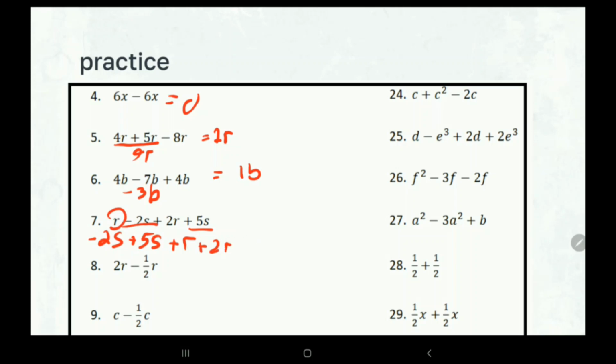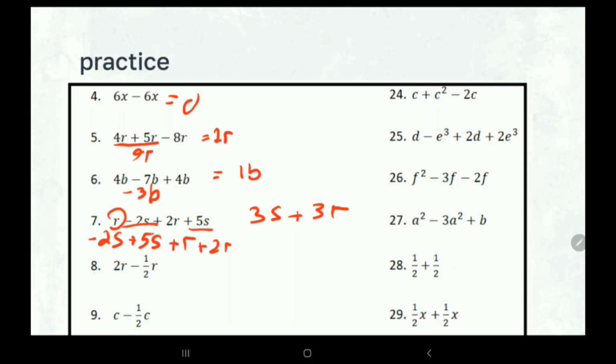The first one, negative 2s plus 5s, will be 3s, and then r plus 2r will be 3r. So plus 3r. We cannot combine again. This is the simplest answer. You cannot combine 3s and 3r because they have different variables.